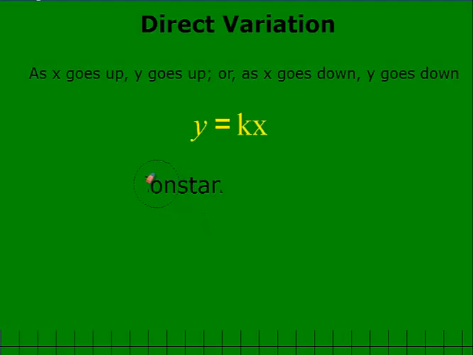So k's technical name is the constant of variation. What's another name for slope? Rate of change. Does that sound familiar to constant of variation? Variation means change, constant means the rate. So it's another way of saying rate of change.